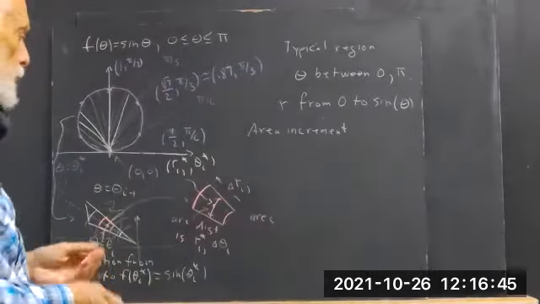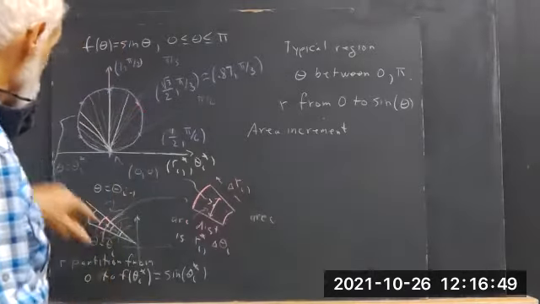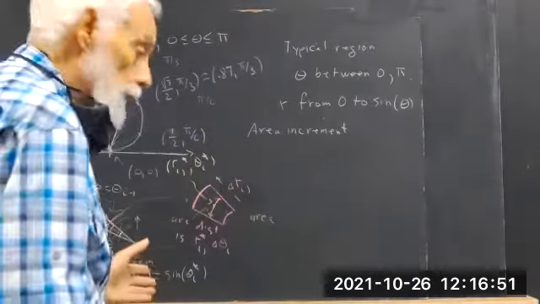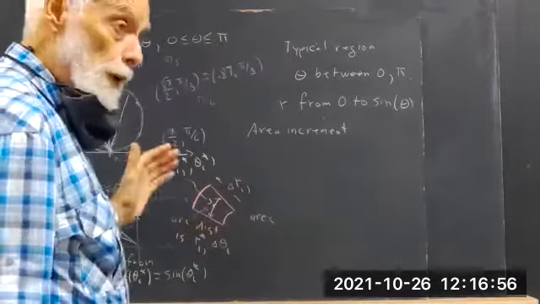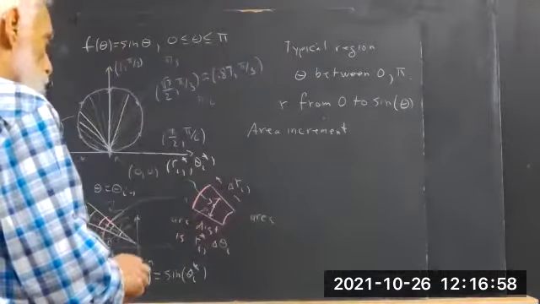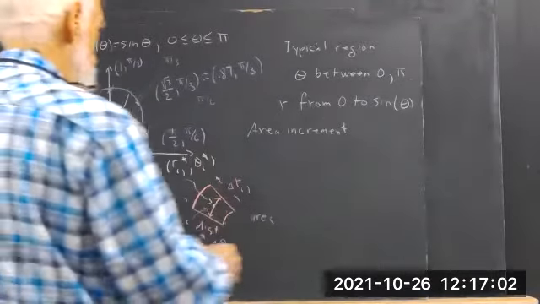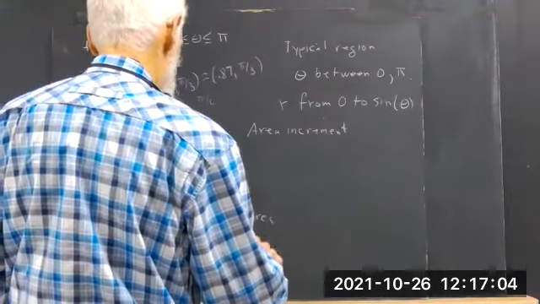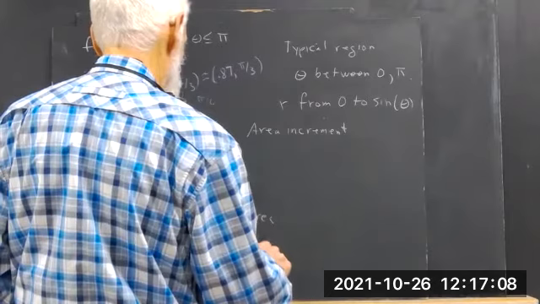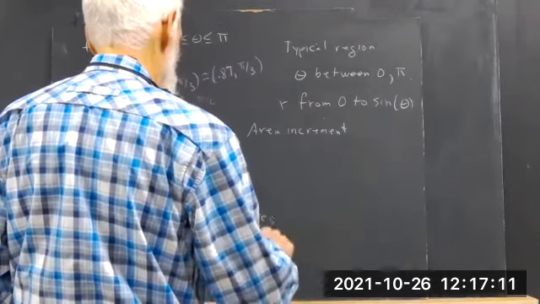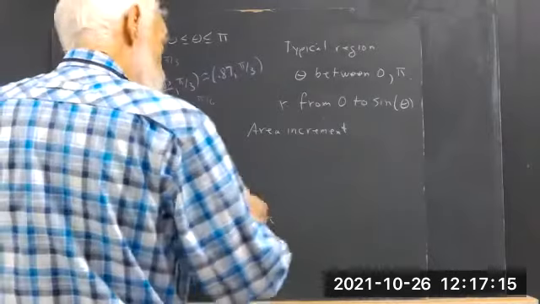Now, why a rectangle? Well, it's because your radial lines from the center of a circle and the circular arcs make a right angle at any point. Any radial line makes a right angle with the arc of the circle. So that these are all right angles, so this is approximately a rectangle. So the area is Rij, which is this dimension, multiplied by this dimension.